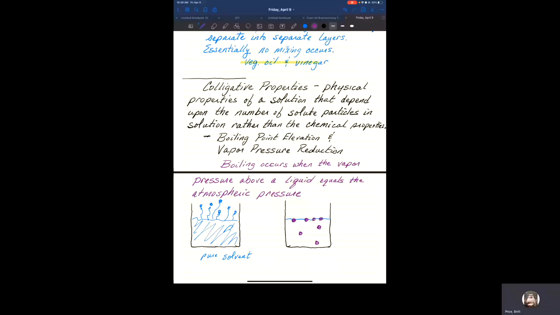The higher the concentration, the more pronounced the effect is.